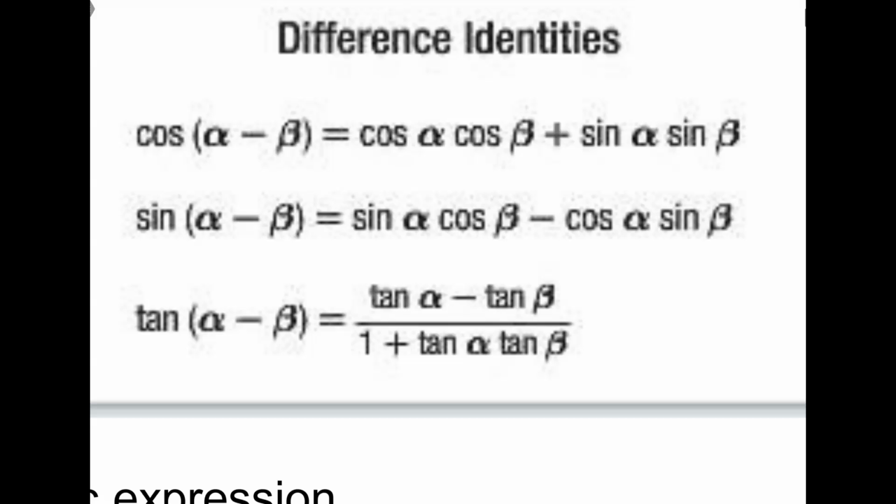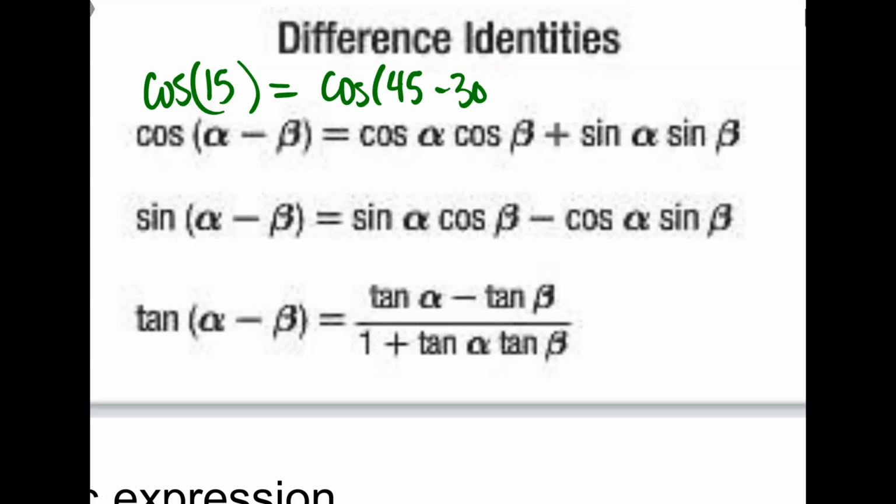How would you figure out cosine 15 degrees? I could do cosine of 45 minus 30. So then you just plug in. Everywhere you see an alpha, you plug in 45 degrees. Everywhere you see a beta, you plug in that 30. So it's a nice little example, because I have no idea what cosine 15 is, but I know cosine 45, I know cosine 30. You can go through and figure it out that way.